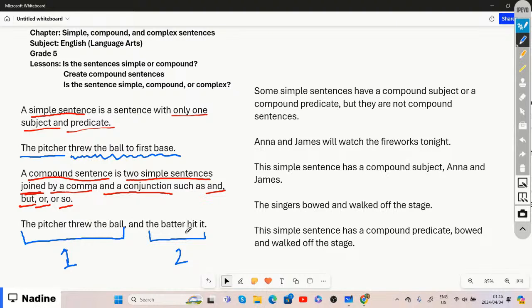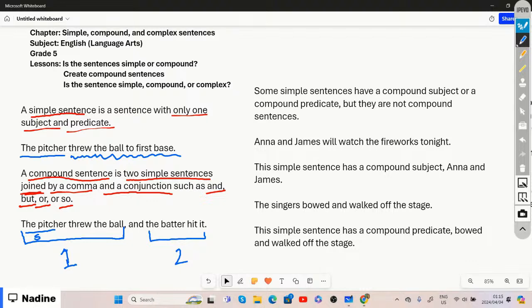Remember, we said a simple sentence has a subject, and the subject tells us who or what does the action within a sentence. If we look at the first sentence, it says the pitcher threw the ball. If you were to identify who or what did the action, we can say it is the pitcher. So the pitcher is the subject, because the pitcher is doing the action.